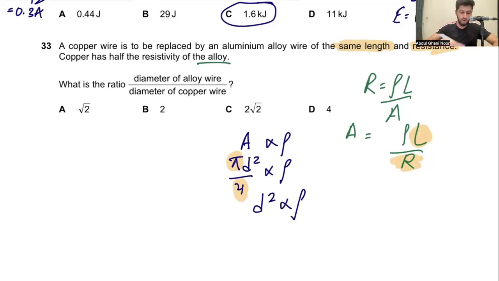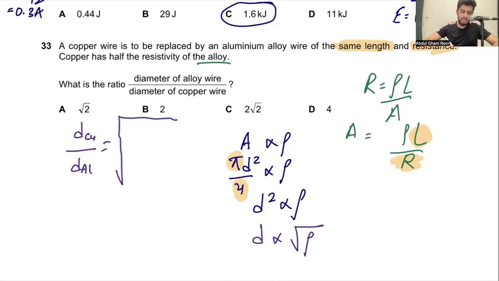Now, what do they want from us? They want us to find the diameter of the alloy upon the diameter of the copper. So diameter is proportional to under root of resistivity. So diameter of alloy upon diameter of copper means under root resistivity of alloy upon resistivity of copper.